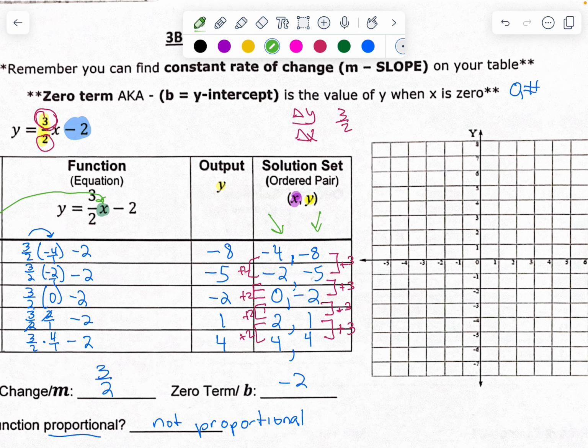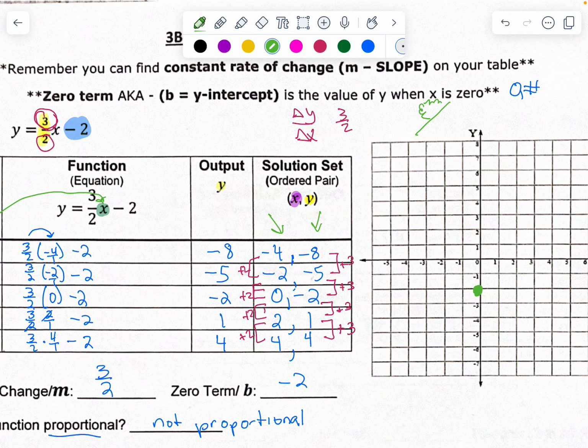Remember, I said the y-intercept is where it crosses the y-axis. So I'm going to plot my 0 and my -2, which was my y-intercept. Remember yesterday when we had a line, we counted up and then we counted over, correct?